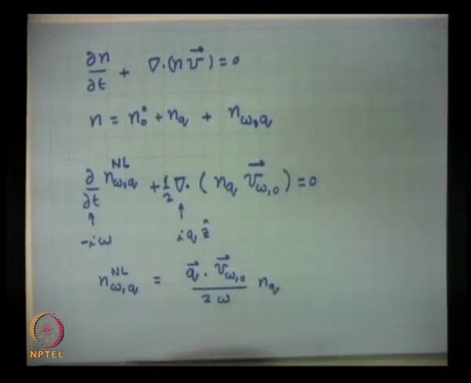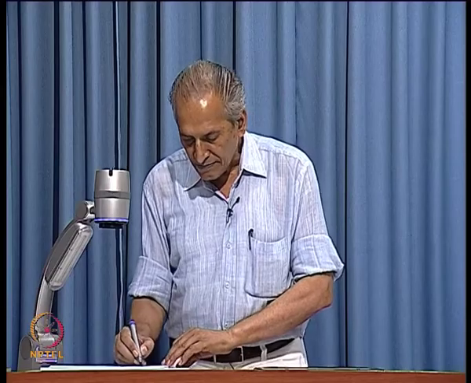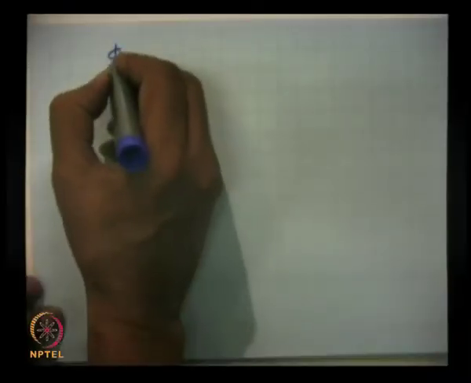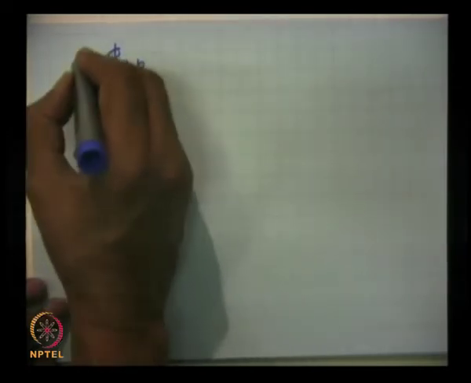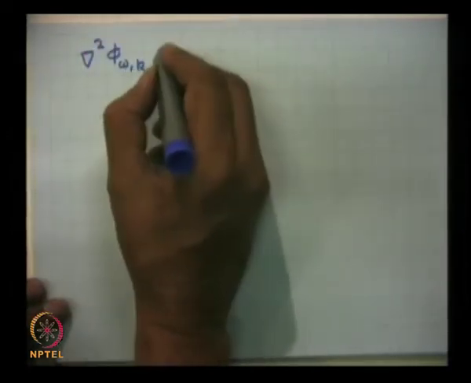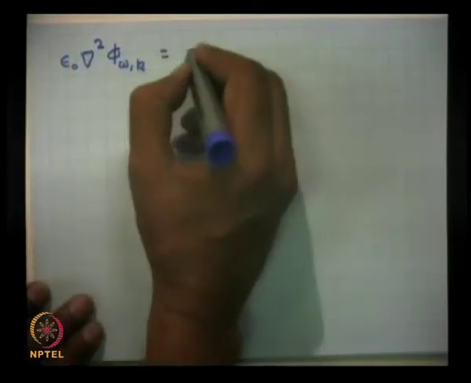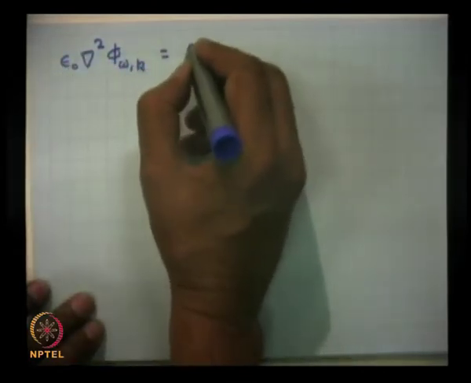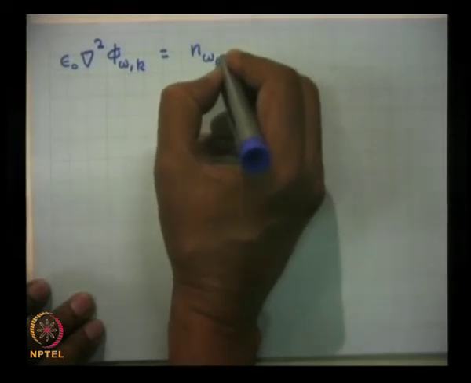We got the density perturbation, but as I am saying, the density perturbation will also produce a potential perturbation phi at omega q, because from the Poisson equation del square phi times epsilon 0 is equal to the density perturbation of electrons at omega q.